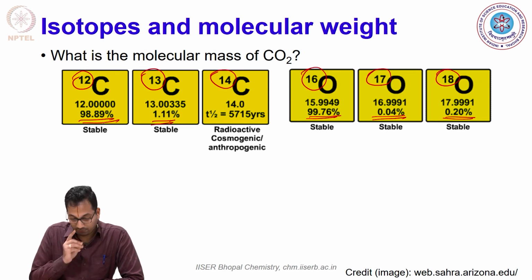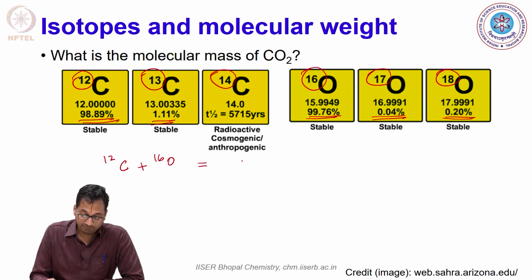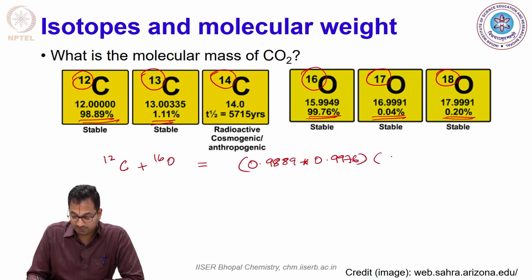So basically, for C12 plus O16, you're going to have a calculation that is driven by 0.9889 times 0.9976 times 12 plus 16 times 2. This is where you are getting CO2, where 12 and 16 are factored in.